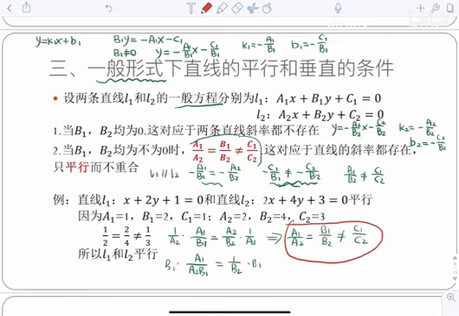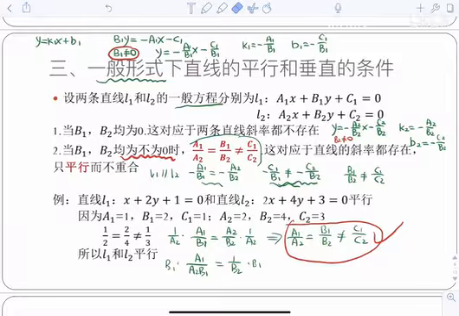So this means B1 is not equal to 0 and B2 is not equal to 0. When B1 and B2 are both not equal to 0, we can use this to judge whether the two lines are parallel.